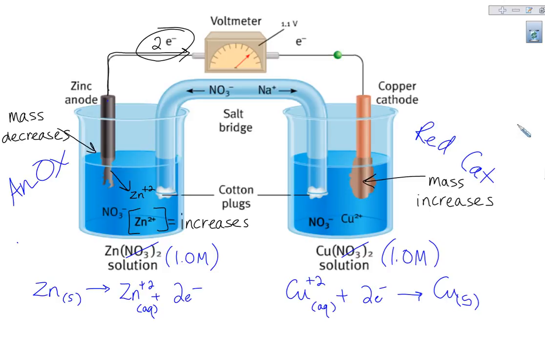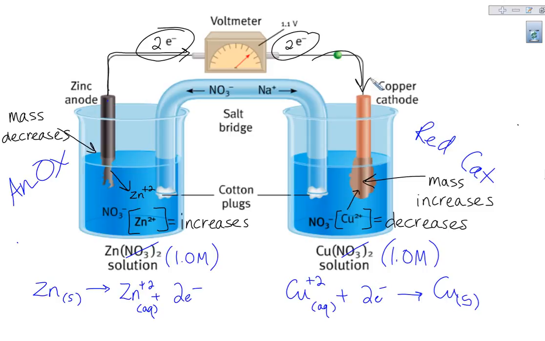Where is that copper coming from? It's coming from the copper ion in solution. This copper ion is turning into solid copper as it gains 2 electrons. So the concentration of copper ions will decrease. These 2 electrons are going to flow through the wire.